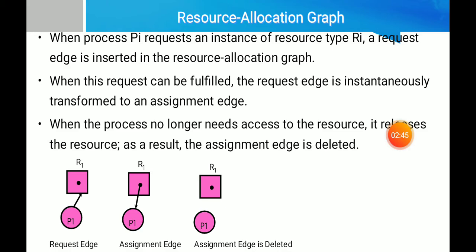As soon as the resource is allocated to that process, the arrow gets reversed, as shown in the second diagram, from resource R1 to process. The resource is assigned to the process. As soon as the resource is no longer used, that edge gets deleted. So in the third diagram, there is no edge.